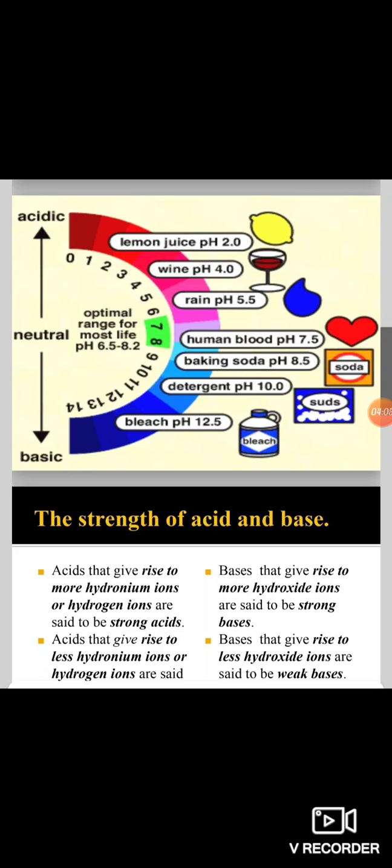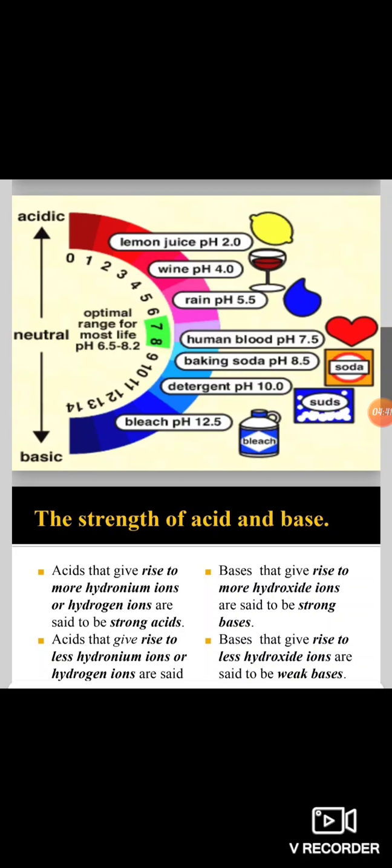And then carrot juice. The color of the pH paper changes to yellowish green, and the pH value is 5.6, so it is acidic. And then coffee. The color of the pH paper changes to green, the pH value is 5, and it is acidic.